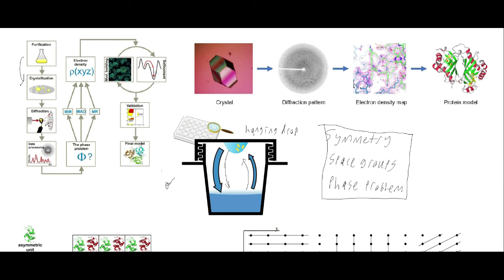There are multiple different kinds of instruments. You can get in-house ones that are not as good, but you can also go to what are called synchrotrons, which is a particle accelerator.